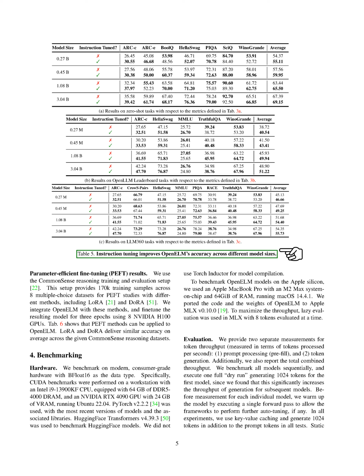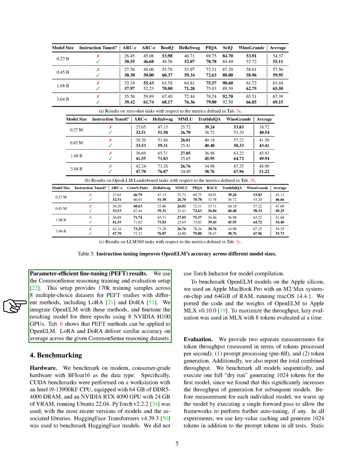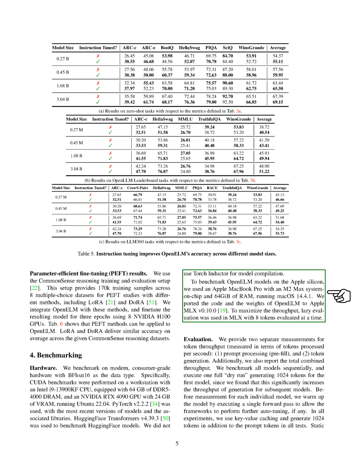Instruction tuning using the UltraFeedback dataset improved OpenELM's average accuracy by 1 to 2% across different evaluation frameworks. Parameter-efficient fine-tuning studies showed that methods like LoRA and DoRA can be applied to OpenELM effectively. We conducted benchmarking on modern hardware setups to assess the performance of OpenELM models.